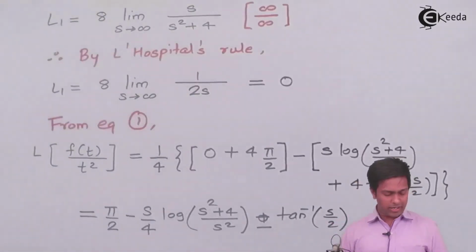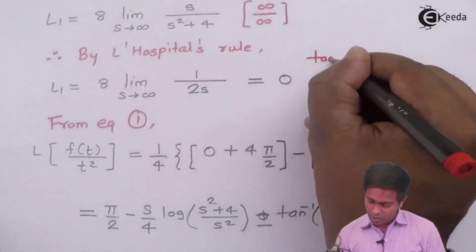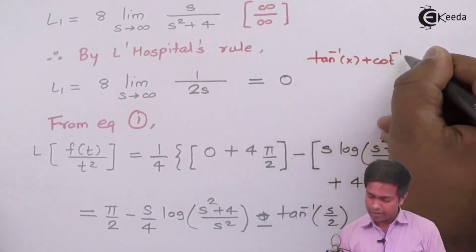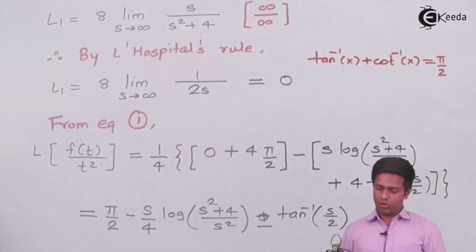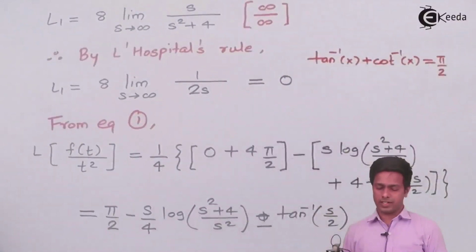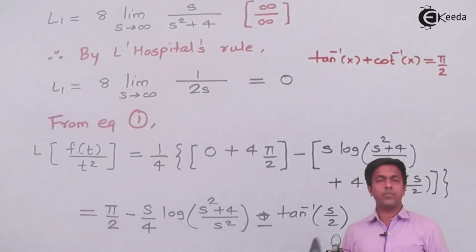So guys, we know that tan inverse of x plus cot inverse of x is pi upon 2. So cot inverse of x will be pi by 2 minus tan inverse of x, and here you can observe that term pi by 2 minus tan inverse of s by 2.